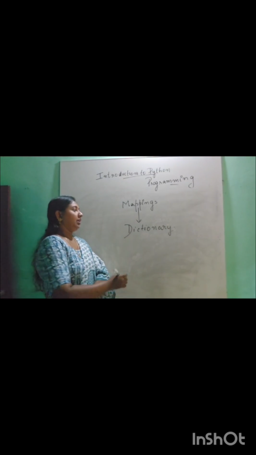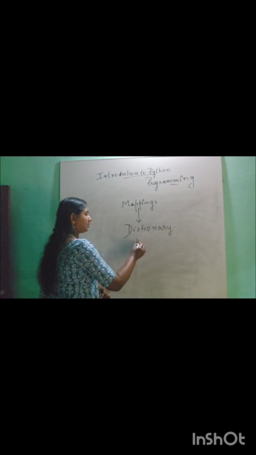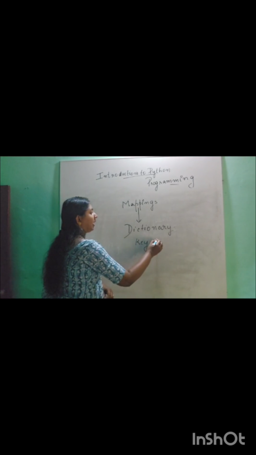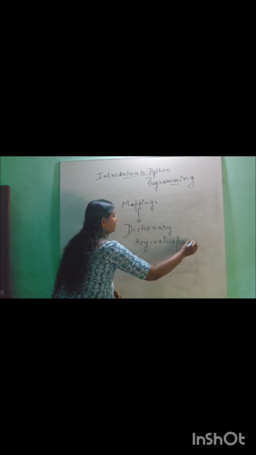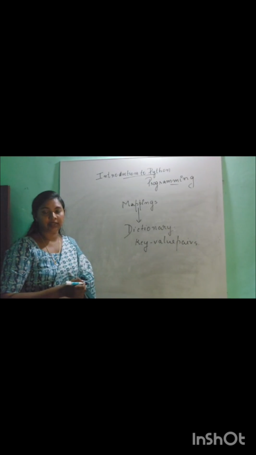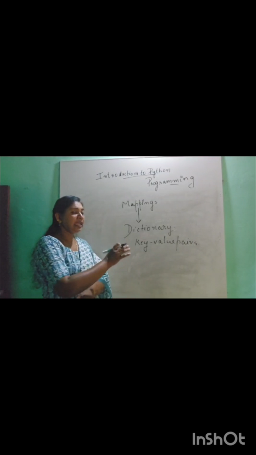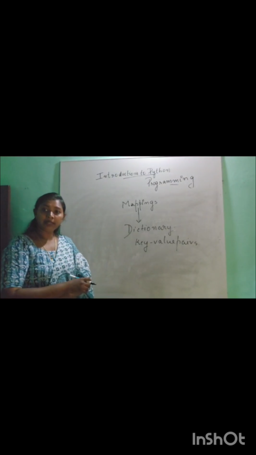In a dictionary, the values are stored as key value pairs. This helps us to easily traverse the dictionary. Traversing means visiting each element within a data type. That is what is meant by traversing.